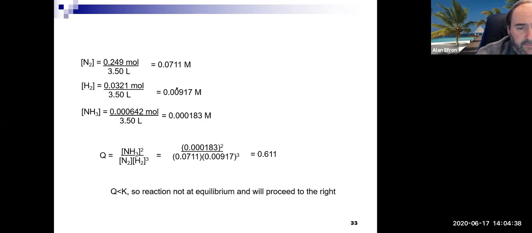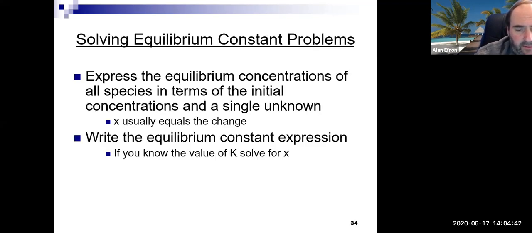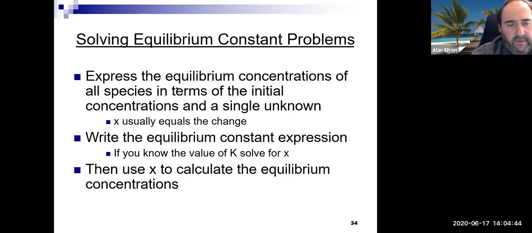All right. So let's talk a little bit about actually solving equilibrium problems. And remember that if you want to get the equilibrium constant value, you do need to have the equilibrium concentrations of everybody. But if we are given just the initial concentrations, then you have to do a calculation to determine the equilibrium values.